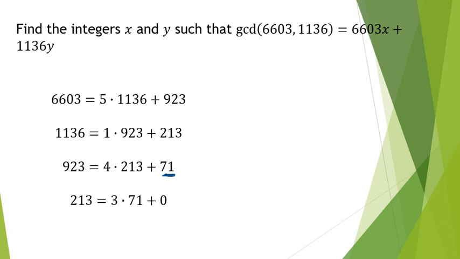So we know what our GCD is. Now we need to find the integers x and y such that 6603x plus 1136y is equal to that 71. Next step, take each of your lines that has a non-zero remainder, solve for that remainder.